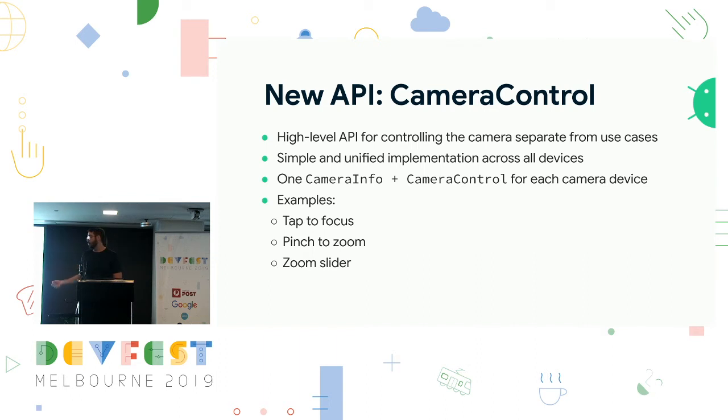Some of the examples that we named here are zoom, focus, flash, those kinds of things. It wouldn't make sense to have, say, for the preview use case, flash on, and for the photo use case, flash off. That stuff is at the camera level, so it needs to affect all use cases.